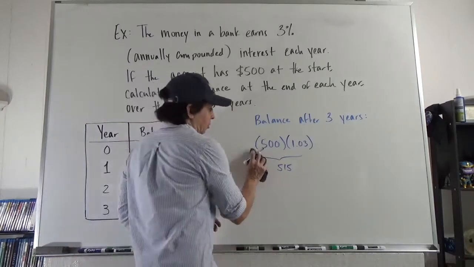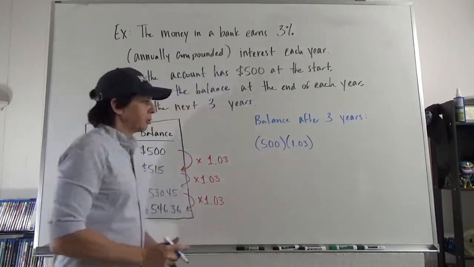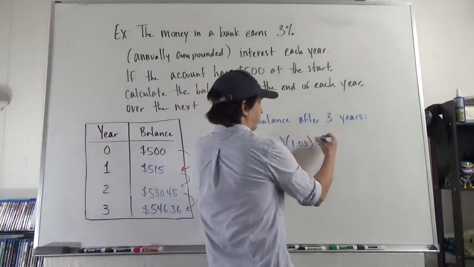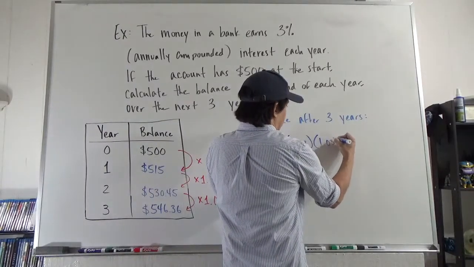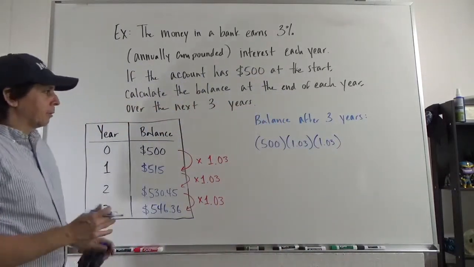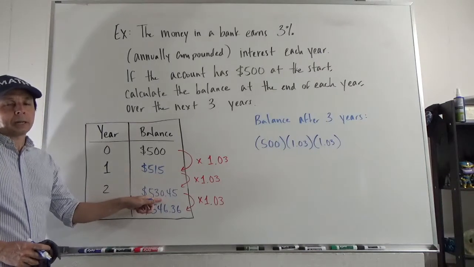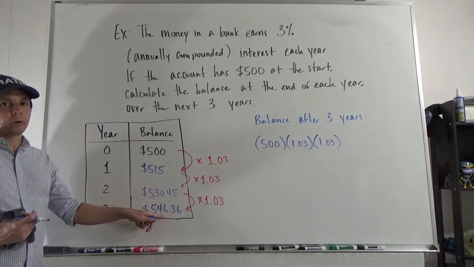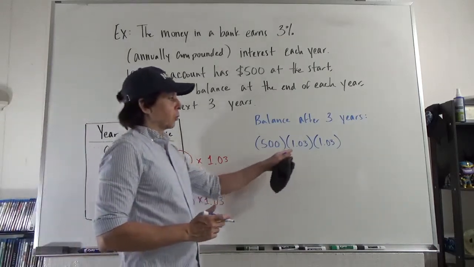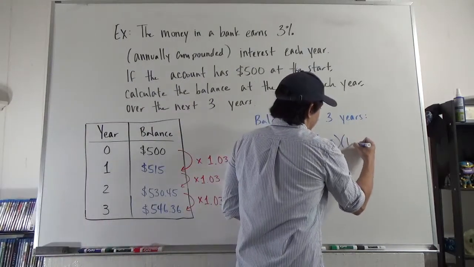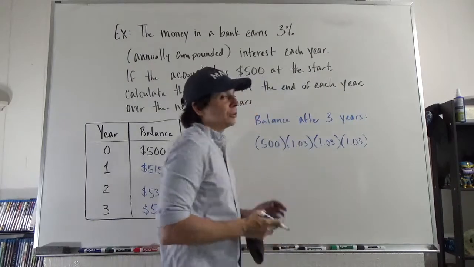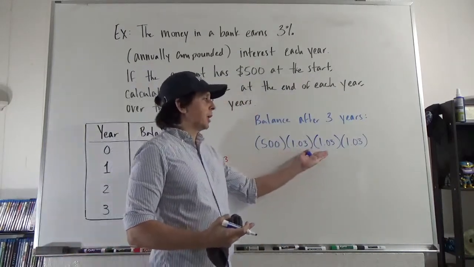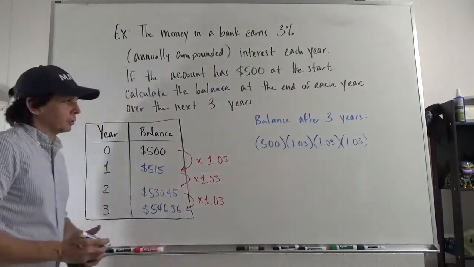I could go back to the original, not bother to multiply it out, and just note that to get to the second year, I would multiply by another factor. And that right there would get me the second year's balance. And then how do I get the third year? I would multiply again by another 1.03. So 3 of these apply. It's 3 separate years of 3% increases to your balance.